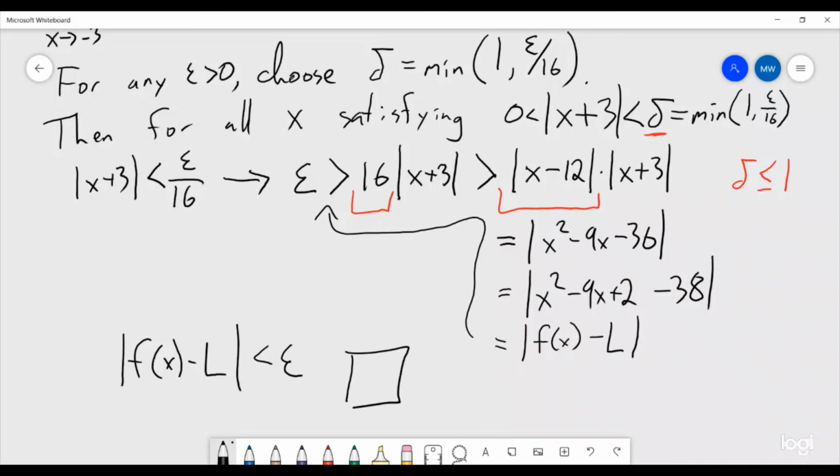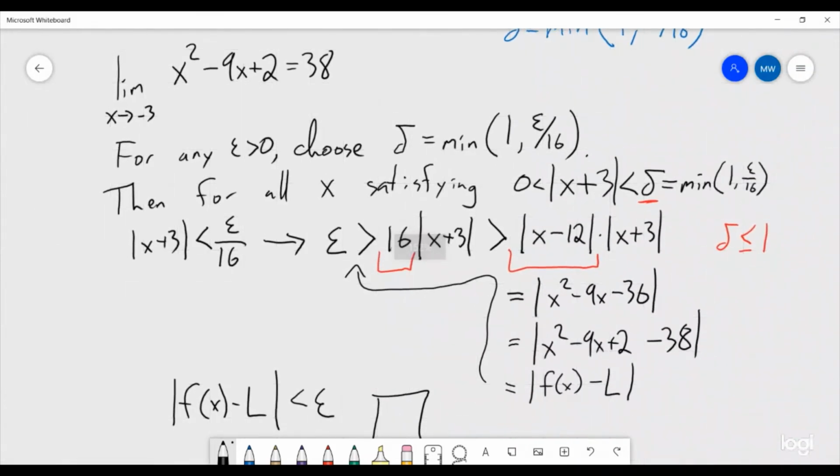So we have concluded that the limit as x approaches negative 3 of x squared minus 9x plus 2 is in fact 38.